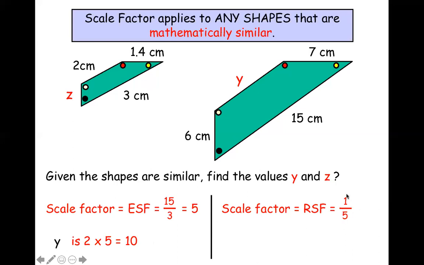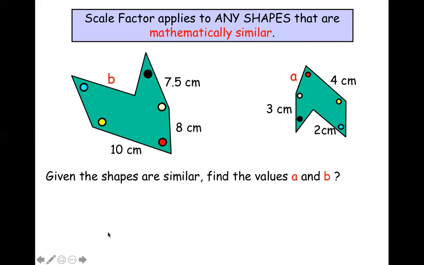But because we've got an equivalent fraction in its simplest form, the fraction is 1/5, or 0.2. So z is 0.2 times 6, which is 1.2. So we've looked at both enlarging scale factors and reducing scale factors, and we've applied them in order to find the sides, okay?